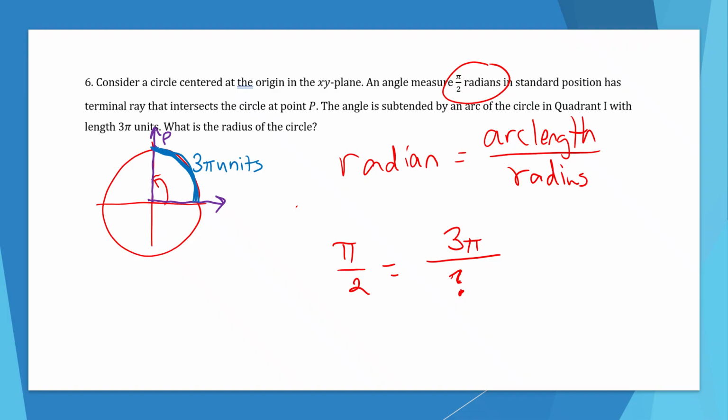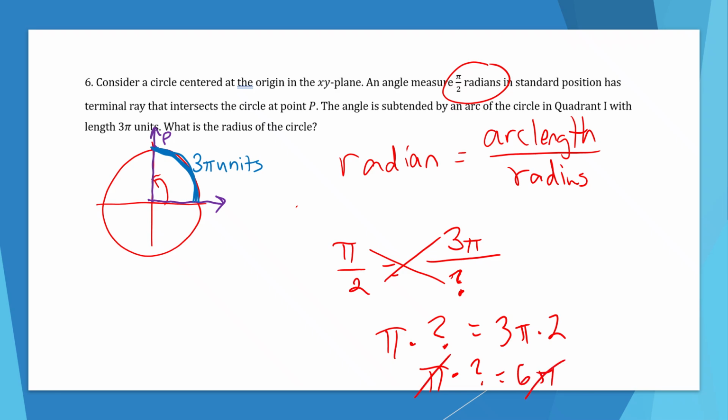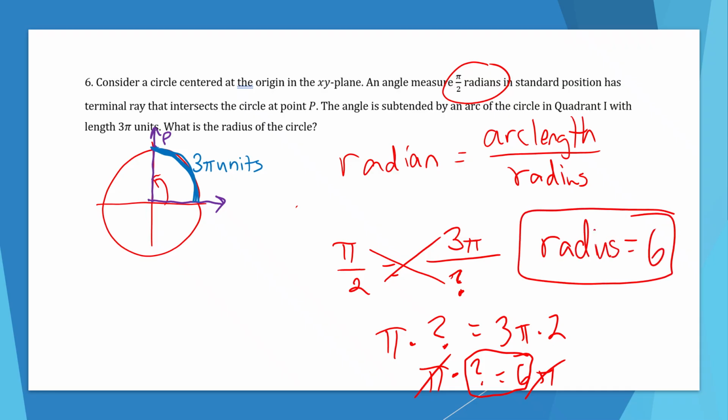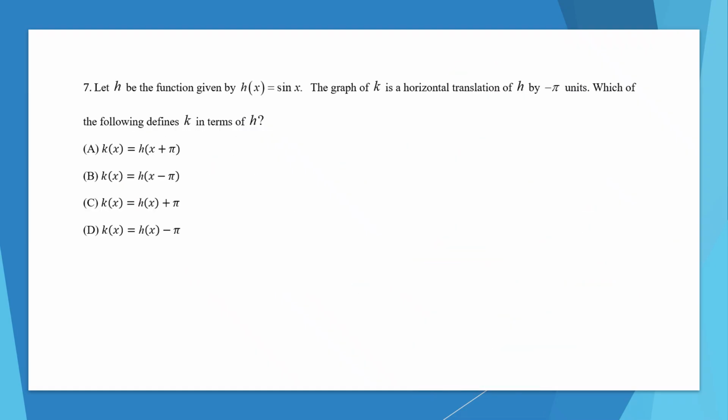I'm going to cross multiply here. So pi times question mark equals 3 pi times 2. This is pi times question mark equals 6 pi. Divide both sides by pi, and you get the question mark, or your radius, to be 6 units. So that should be our answer for number 6.